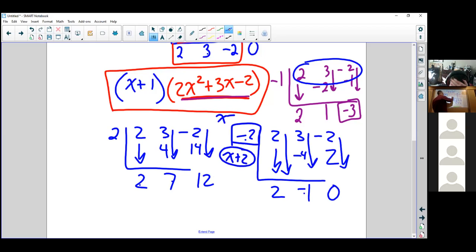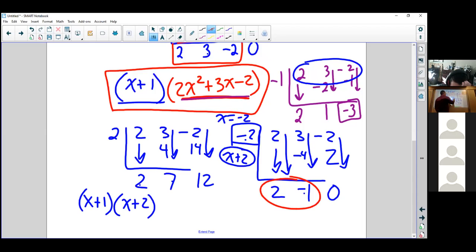So if I had x equals -2, if I added 2 to both sides. So right now I know that I have x plus 1 that worked for my original. I also know that x plus 2 works, but then I have to check to see what this would be. Originally when I was dividing, that was x to the third, but now that's x to the second. And then that's x to the first.